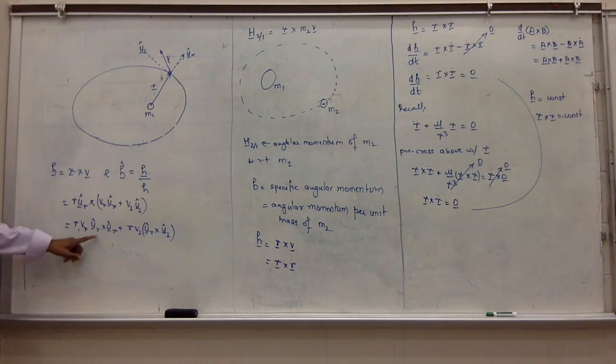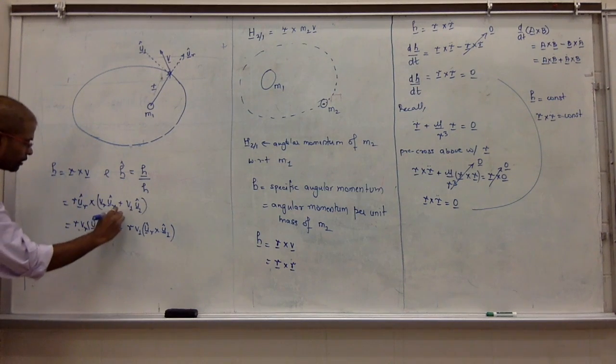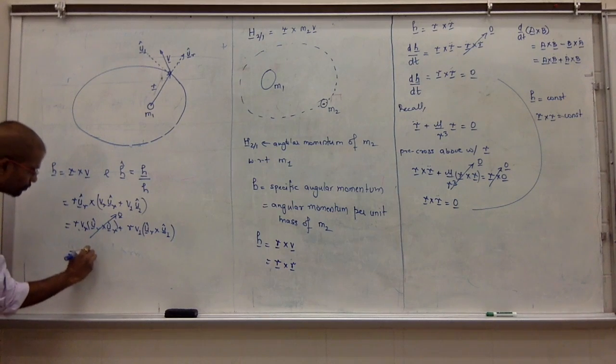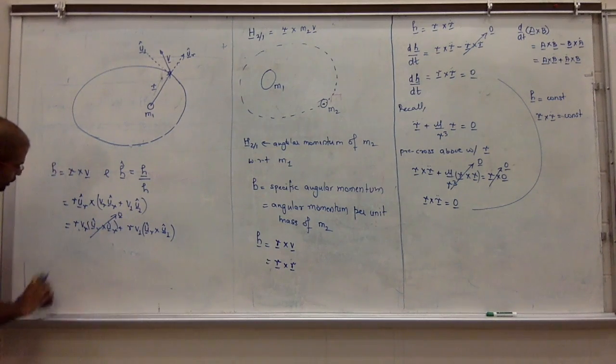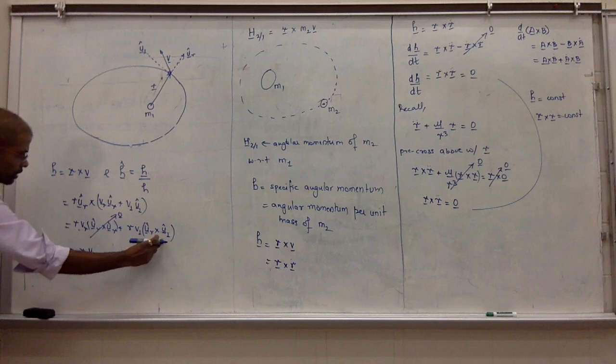What is this? This is again 0, a vector crossed with itself. And this is R V perpendicular. So this turns out to be R V perpendicular cross. What is this direction?